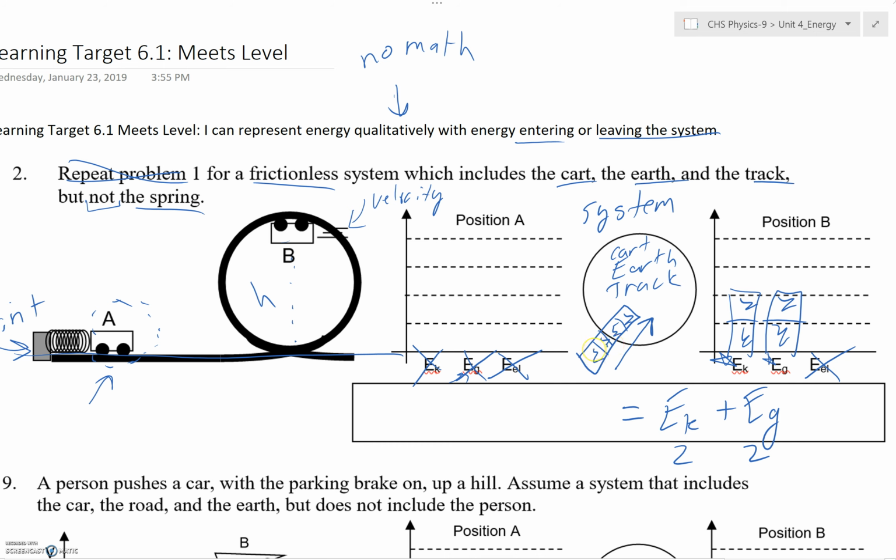So the why is you've got work on the system, and the work is coming from the spring. You have to be okay with being able to explain where this comes from. So the spring does work on the system, and we know that it's doing work because the spring is applying a force on the cart. If there's a force pushing the system some distance, we know that there's work.